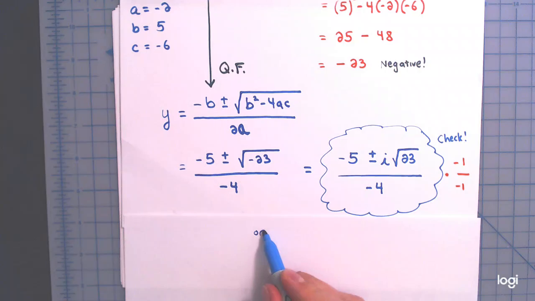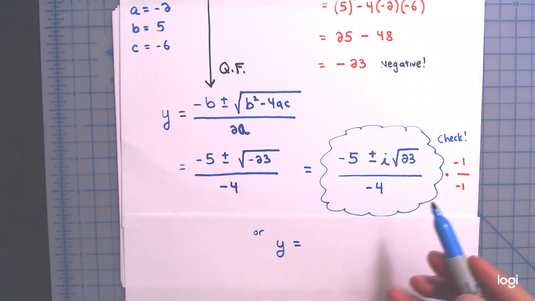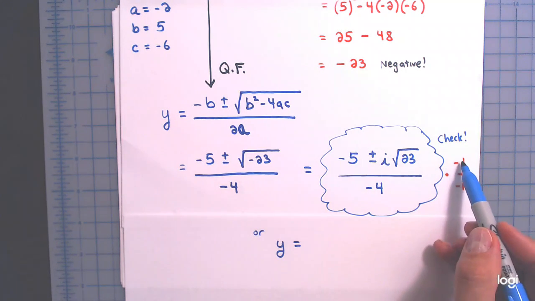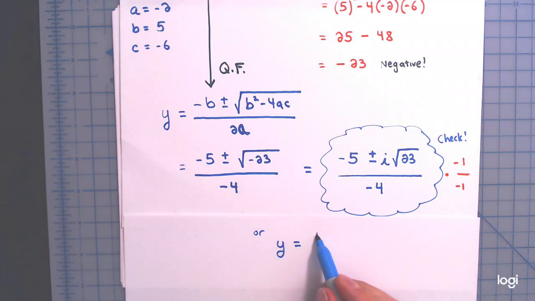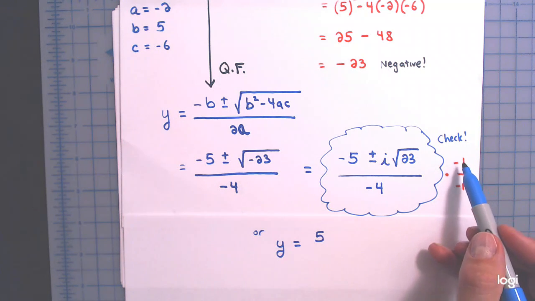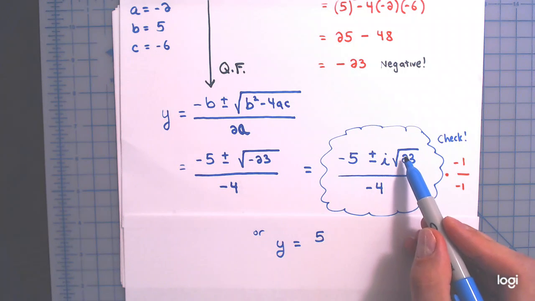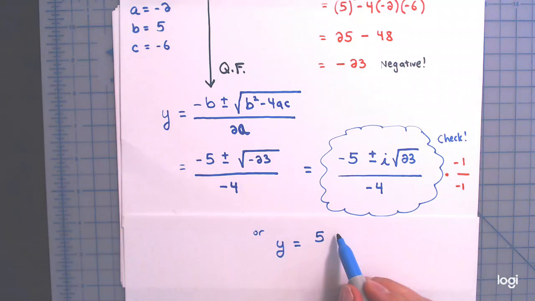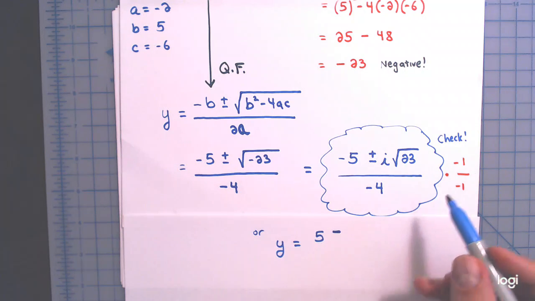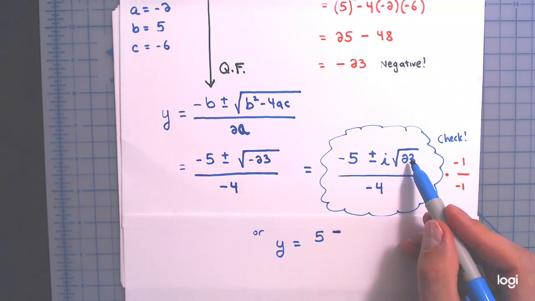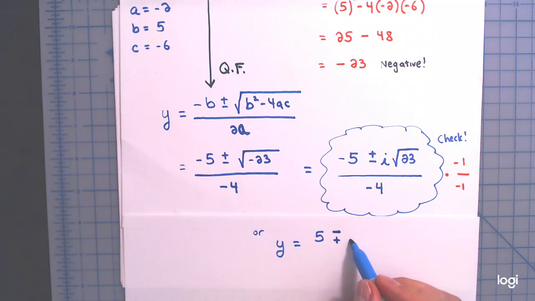So we could then also say that y equals, when I multiply the numerator by negative 1, I'll have negative 1 times negative 5, that's positive 5. And then negative 1 times the positive i root 23, that'd be negative i root 23. And then negative 1 times the negative i root 23 would be positive i root 23.